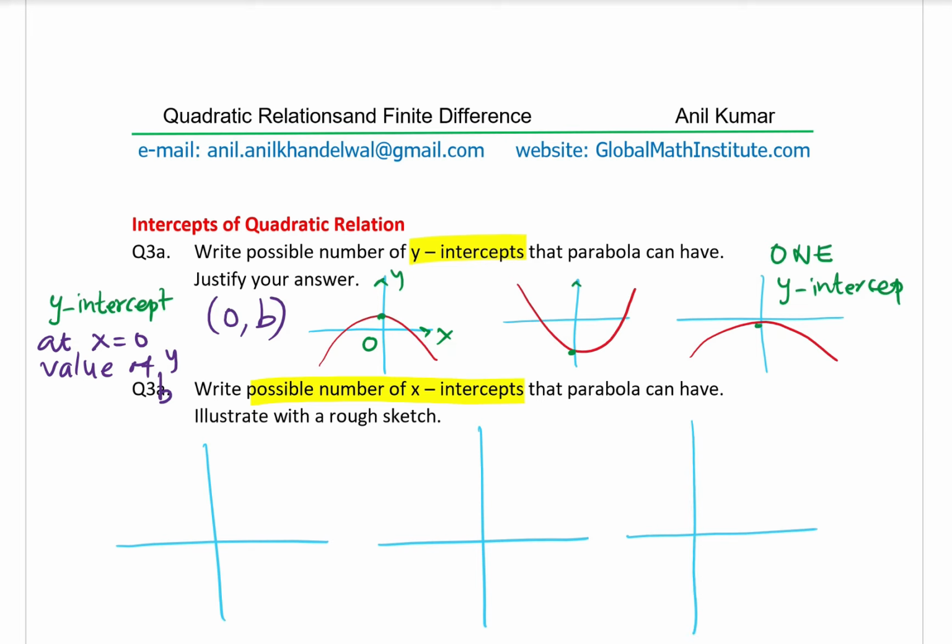As I had drawn earlier, I could sketch parabolas like this. We could do like this, or we could do like this. We may have a situation where the parabola is opening downwards. So let me draw another one here, maybe like this.